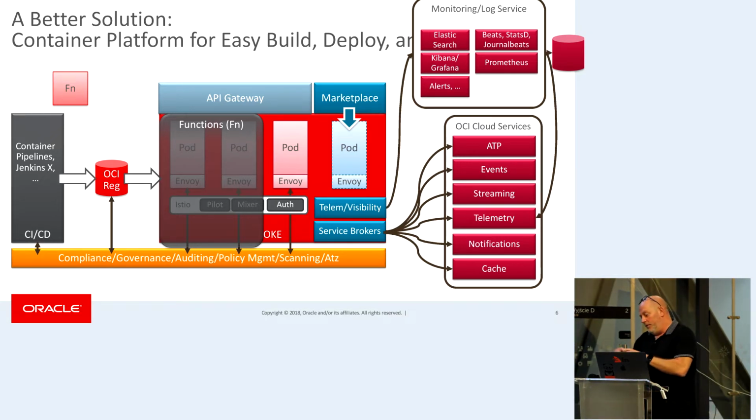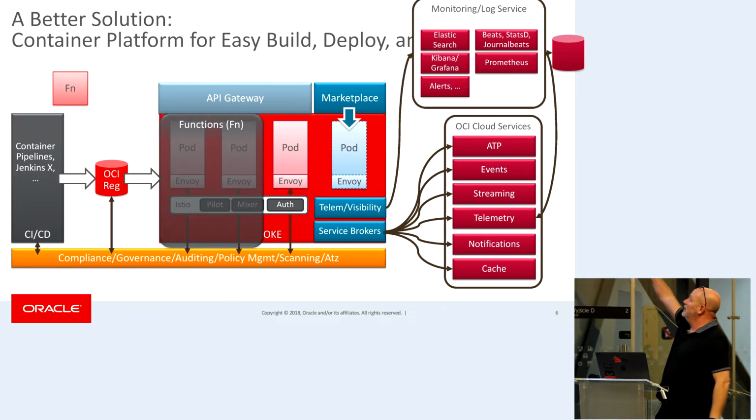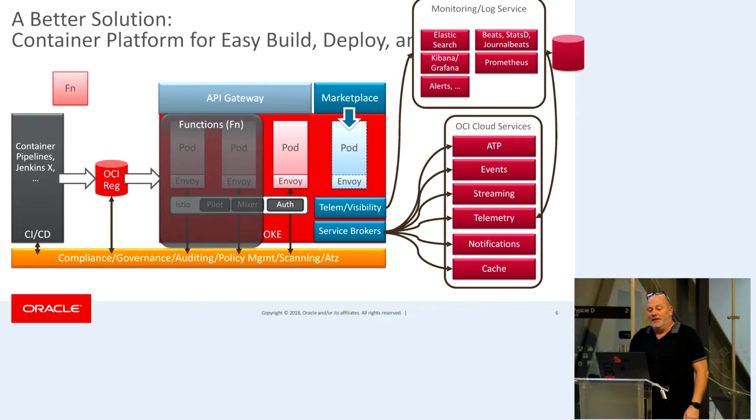So we're building an open service broker managed service, so that the open service broker API will give easy access from containers running in OKE to things like autonomous transaction processing database, and these other things that we've announced, the event streaming, etc. So the streaming is a managed Kafka environment.